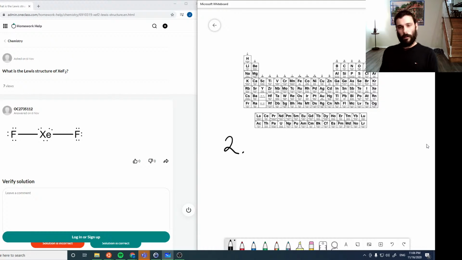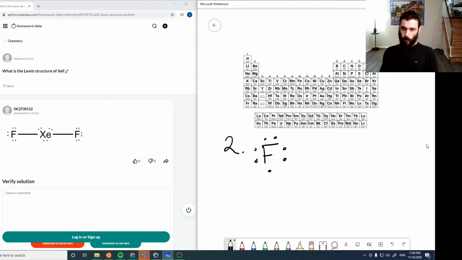So a Lewis structure, to start us off, is where you represent an atom, say in this case fluorine, and you put dots around it, so it's sometimes called a Lewis dot structure. You put dots around it for each one of its valence electrons.